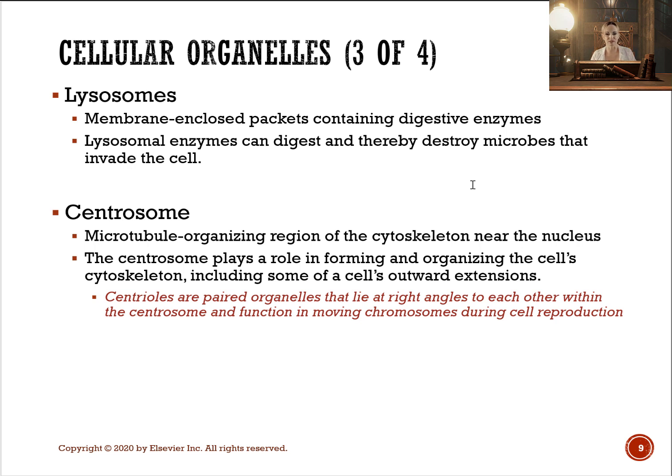This is a microtubule organizing region of the cytoskeleton near the nucleus. The centrosome plays a role in forming and organizing the cell's cytoskeleton, including some of the cell's outward extensions. Centrioles are paired organelles that lie at right angles to each other within the centrosome and function in moving chromosomes during cell reproduction.